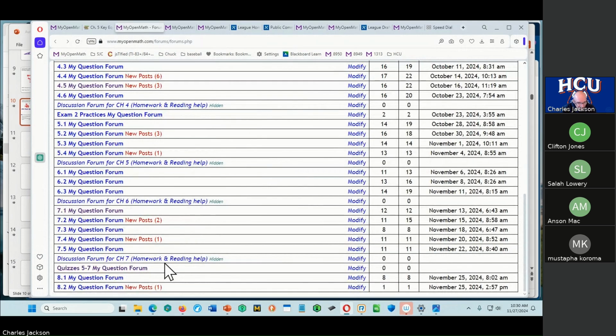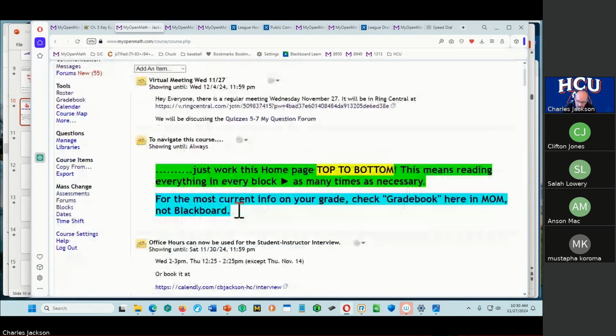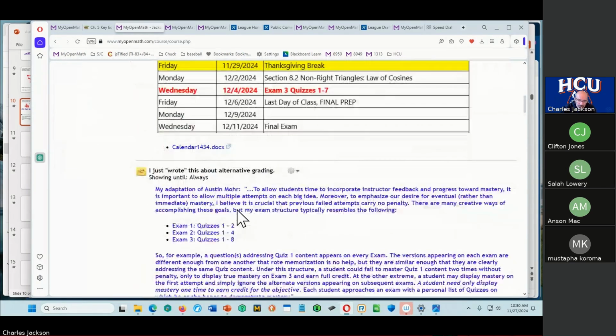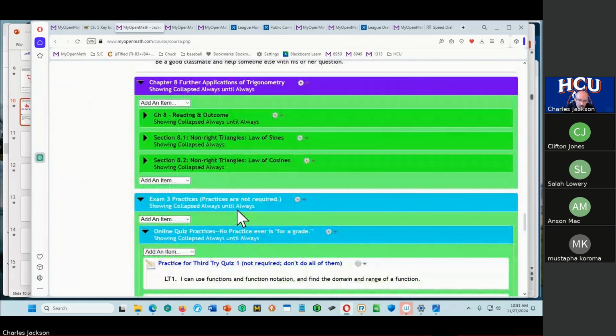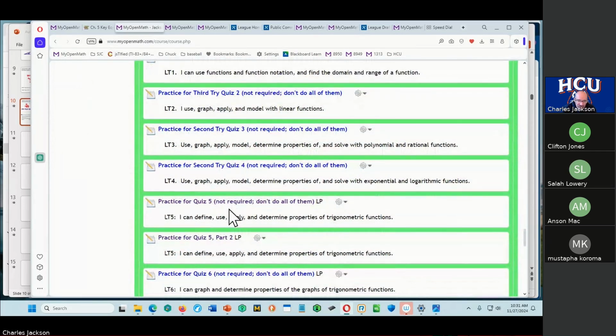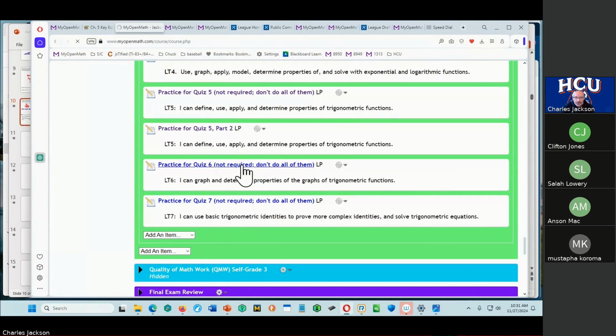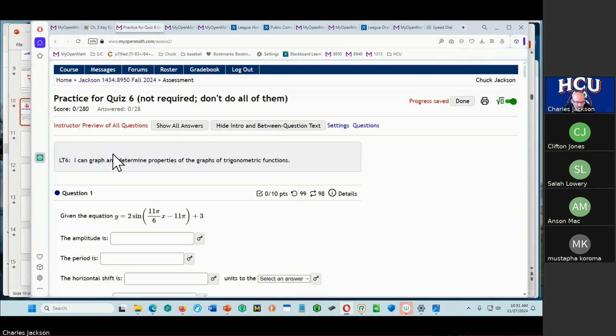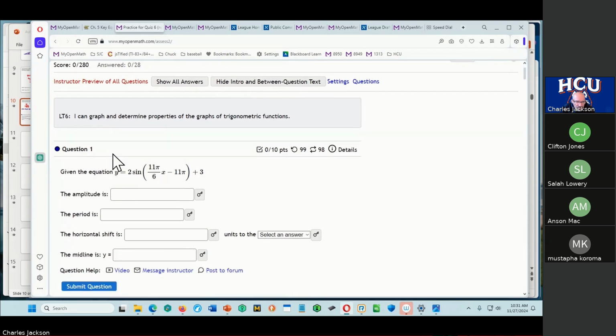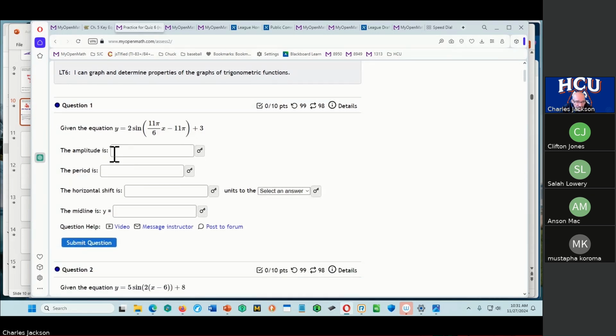That was supposed to drive this whole thing. Practice for quiz 6. Trig equation. Oh, this is good. Okay.